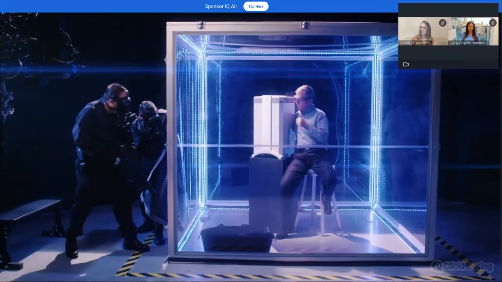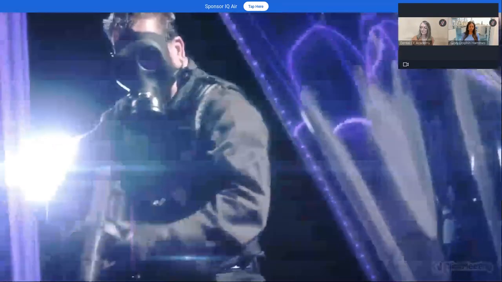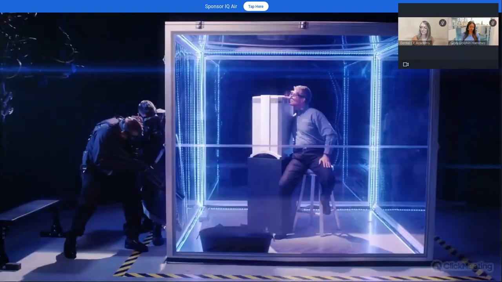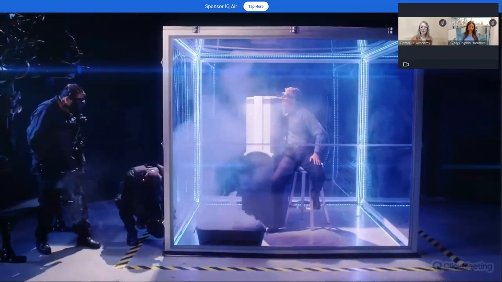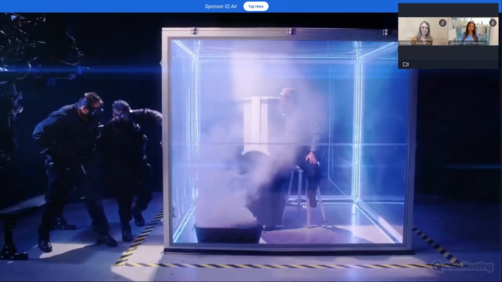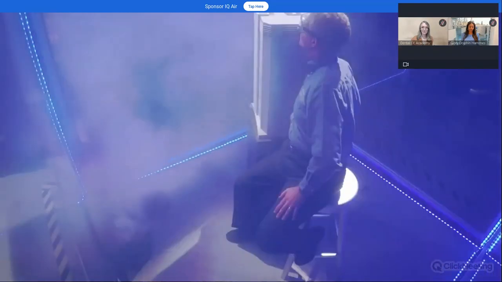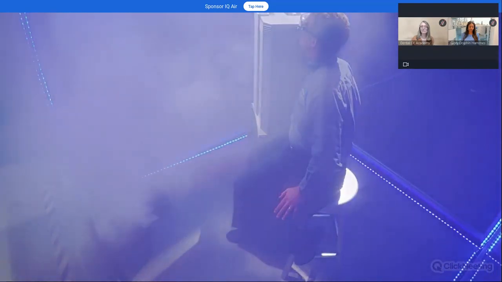Your home can be filled with harmful fumes from household cleaners and other pollutants, but nothing compares with what we're about to release. Now Frank is sitting close to the IQAir and will only breathe the fresh filtered air coming directly out of the Health Pro Plus.